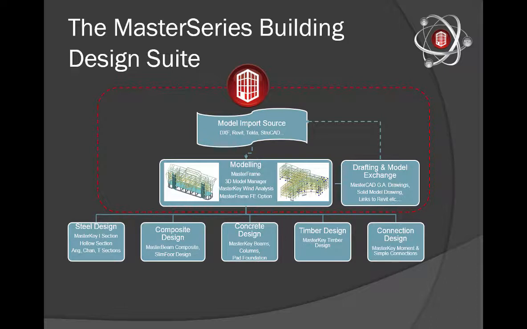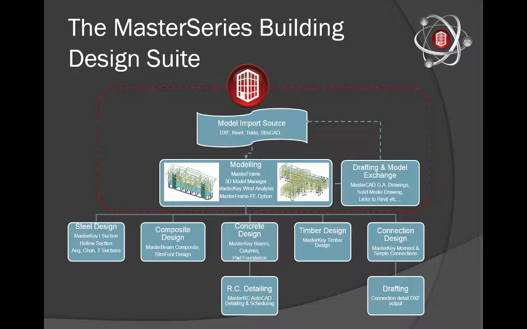All of these five design components are optional. You only take what you need. So if you only do steel structures, take the steel and the connections possibly. And finally, we can send that out as DXF drafting, RC detailing, and scheduling for all your rebar.